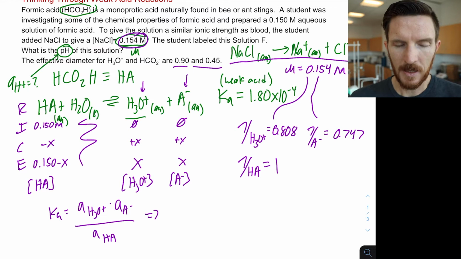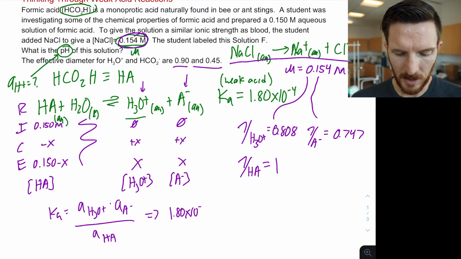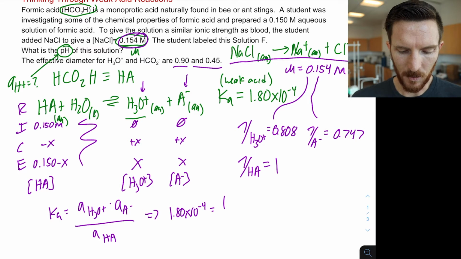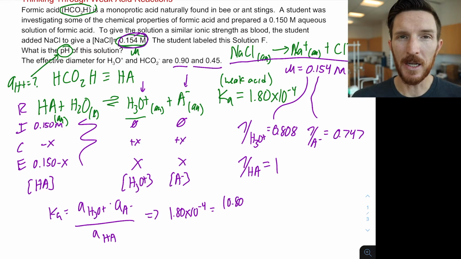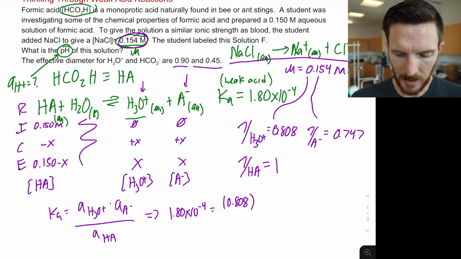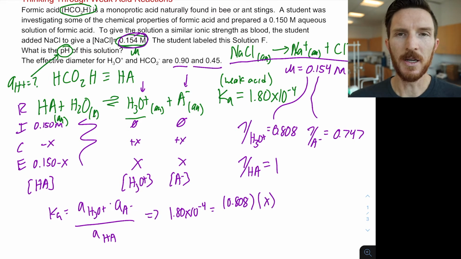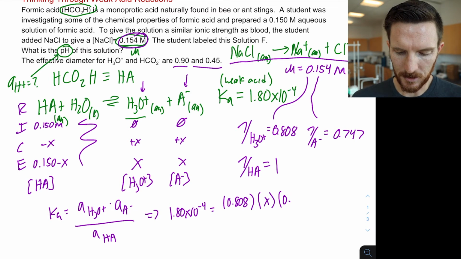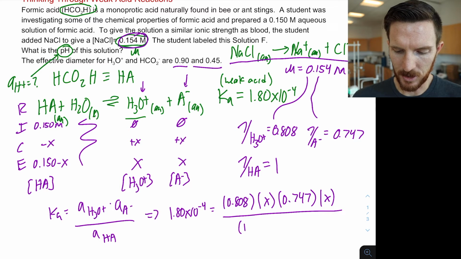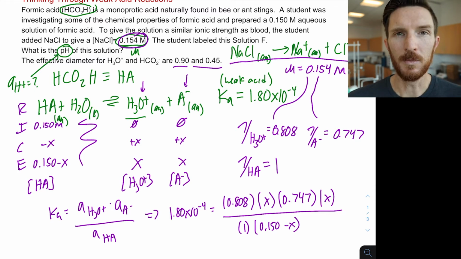And so we can go ahead and plug in the information that we have here: 1.80 times 10 to the negative 4th equals the activity coefficient of our H3O+, which is 0.808, times the concentration we'd have, X, times the activity coefficient of the formate ion and the concentration we set at equilibrium of X, divided by the activity coefficient of our formic acid and the concentration that we would have at equilibrium.